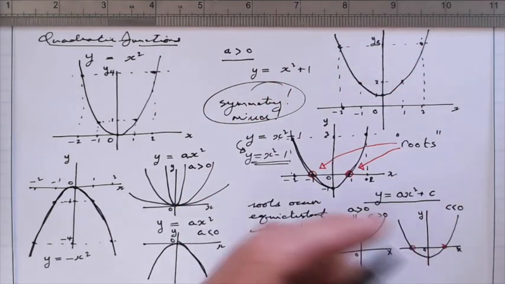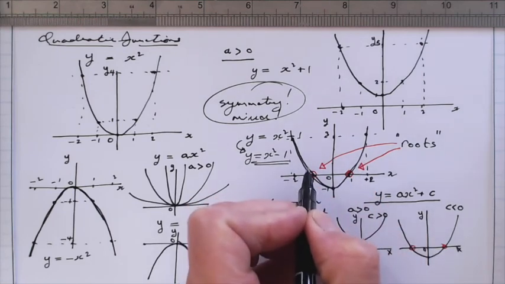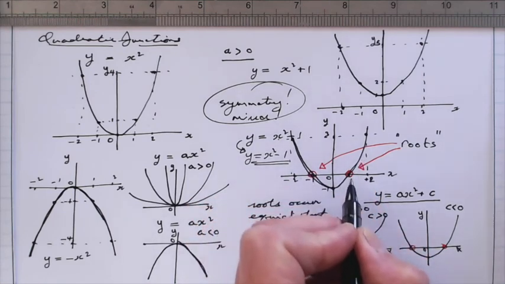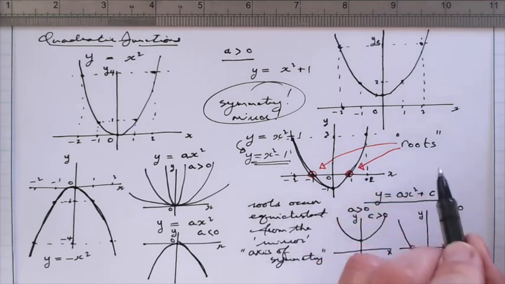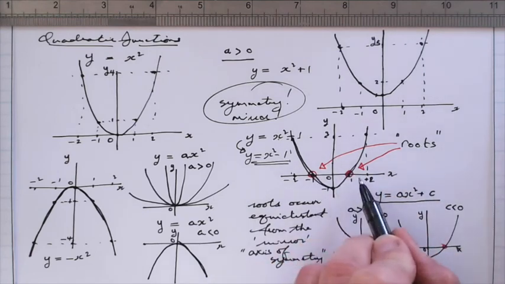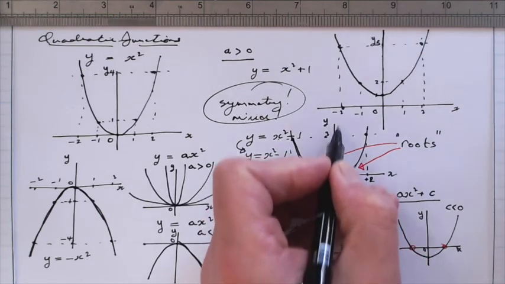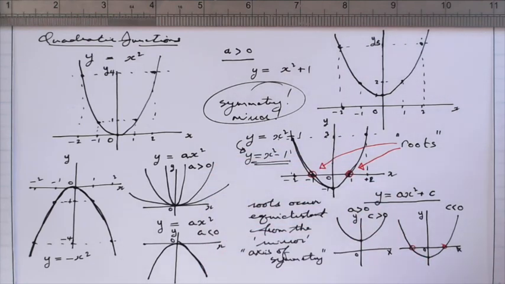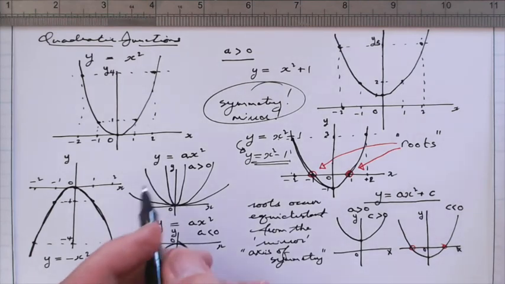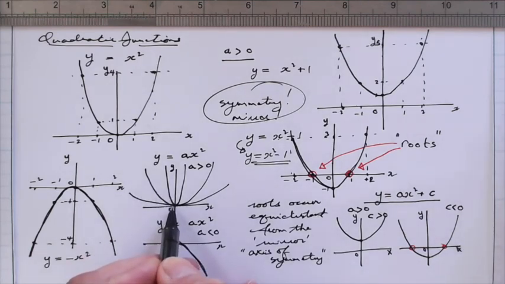If we pull them down, the curve cuts through the x-axis twice, and where it cuts, we call those values of x roots, and they'll always be equidistant from the axis of symmetry, from the mirror. You notice in this case that the curve just touches the x-axis at one point at the origin, and that is also a root of that function, and we'll talk more about that in the next tutorial.